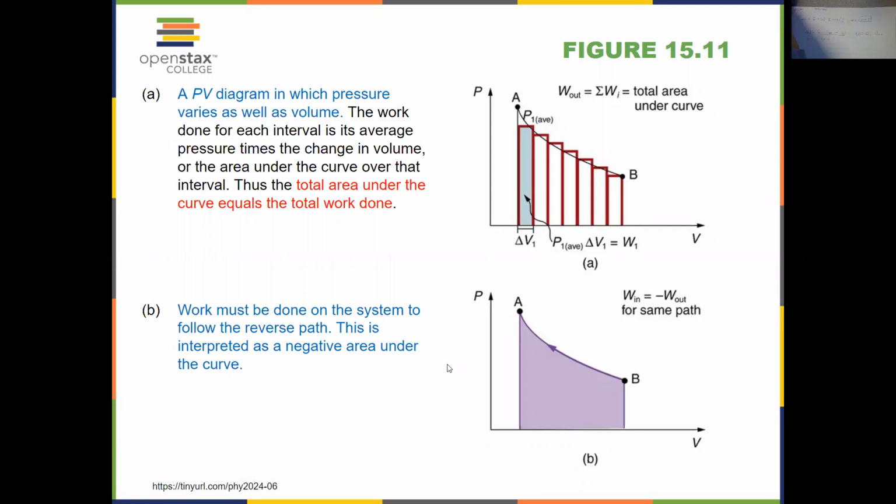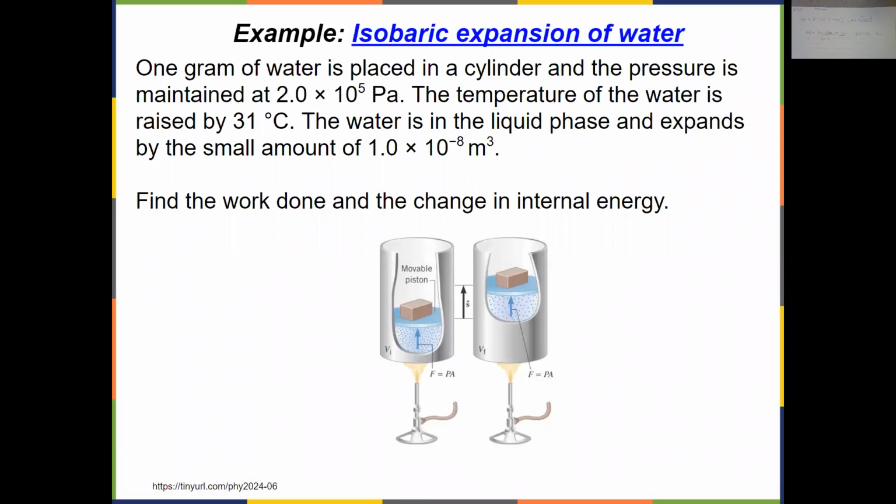So let's go back to the example here. This is an isobaric expansion of water. Okay, so in this case, you have a system of water. It says 1 gram of water is placed in a cylinder and the pressure is maintained at 2.0 times 10 to the fifth Pascal.